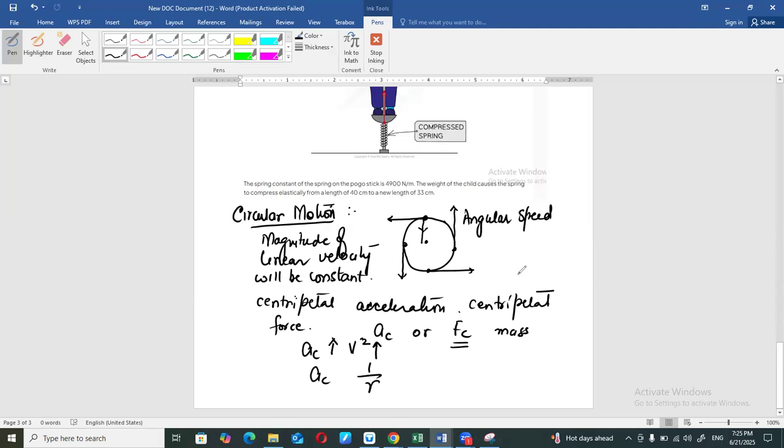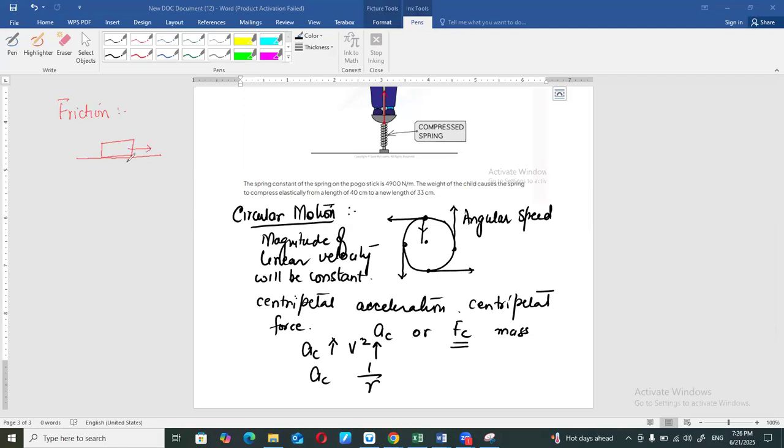Now, one more thing which is very, very important is friction. What exactly is friction force? Remember that friction force is everything to do with resistance. For example, this is the surface and you have an object which is sliding.